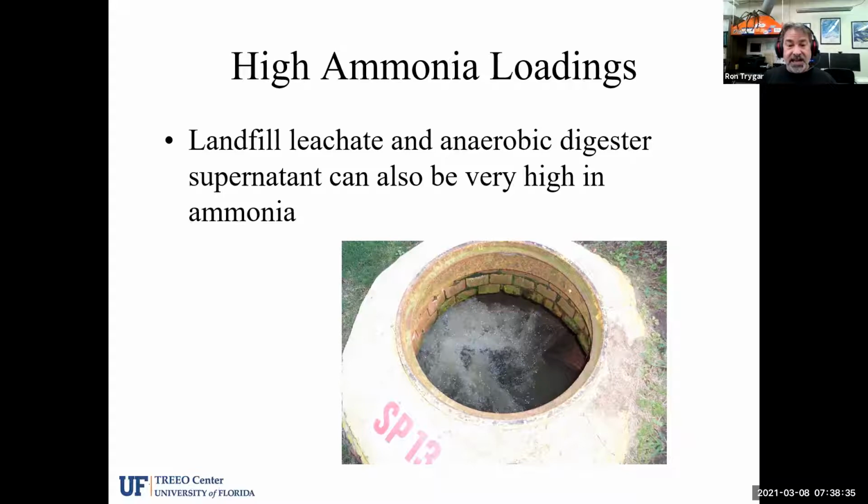So we have decaying and decomposing trash that is converting things back to their base elements. And in some cases, during this anaerobic processing that's happening inside the landfill, which is also producing methane and hydrogen sulfide and all those gases, we're also producing unionized ammonia and ionized ammonia in the form of ammonium.